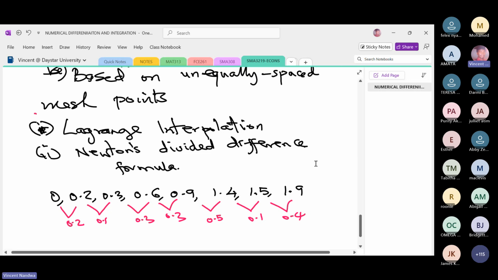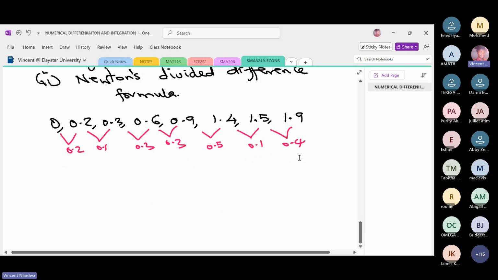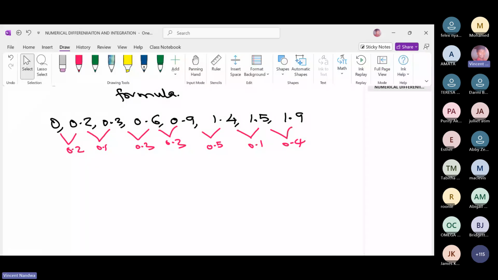So back to our discussion on numerical differentiation.